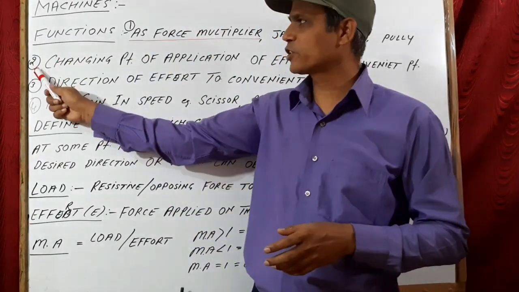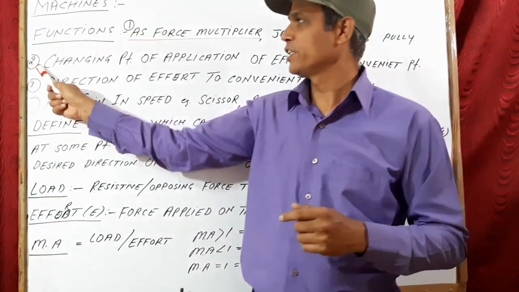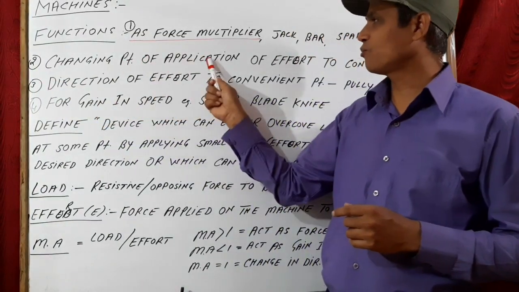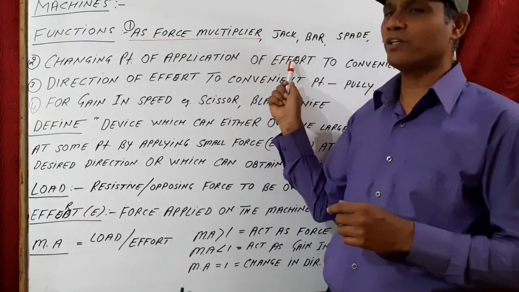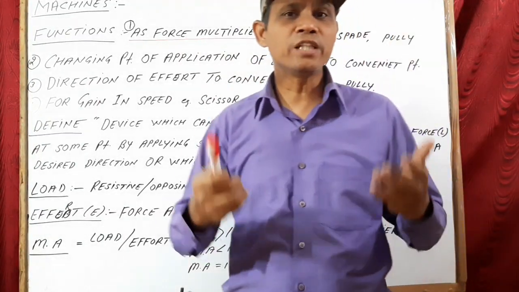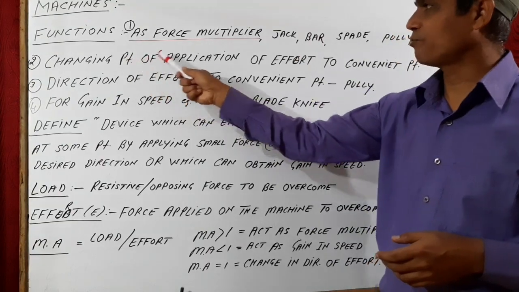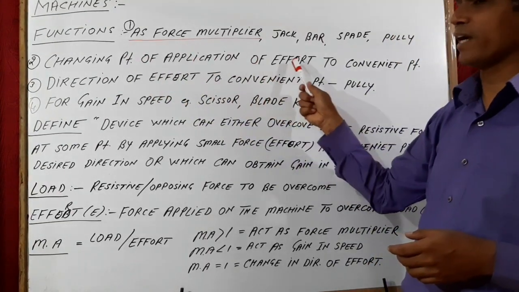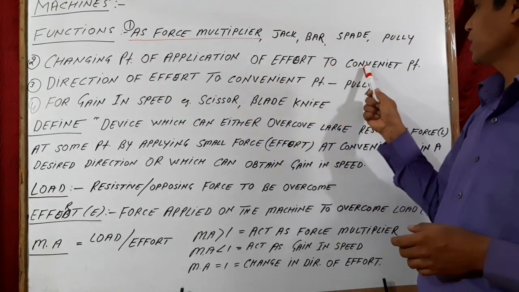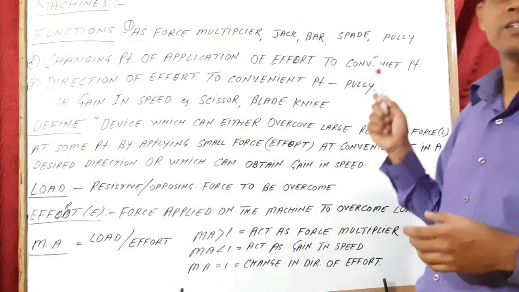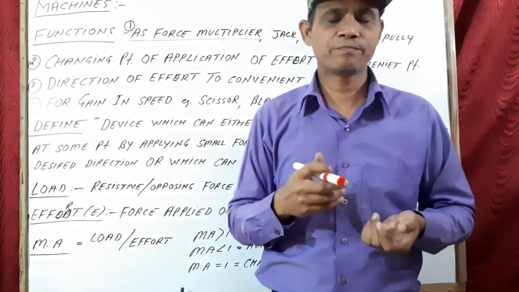And the second function of a machine is changing the point of application of effort to a convenient point. So this is the second function.